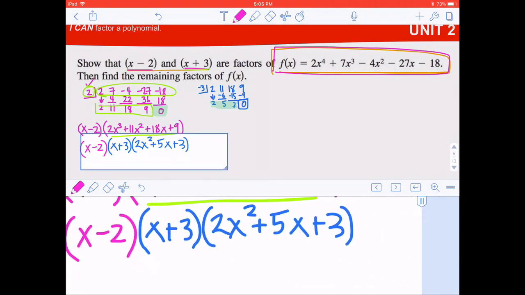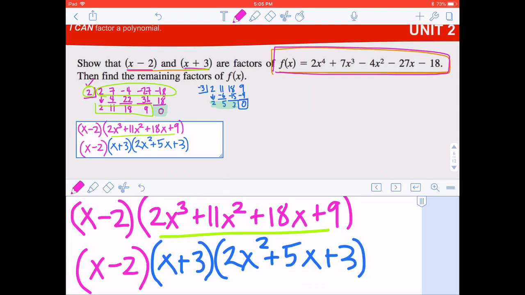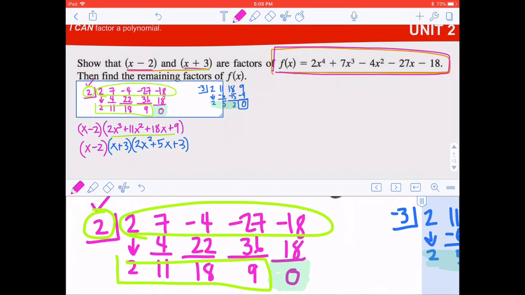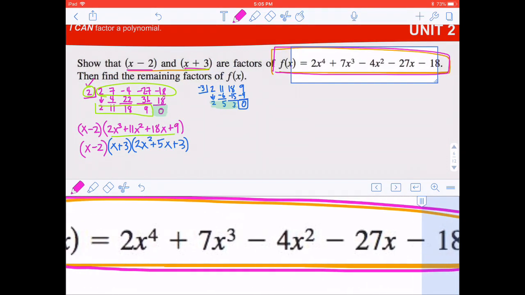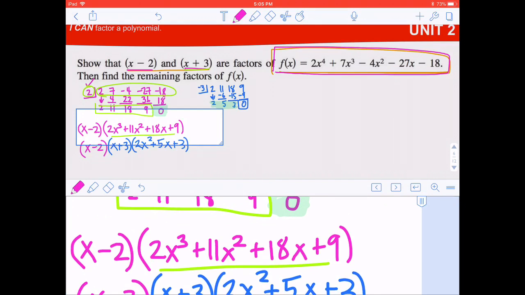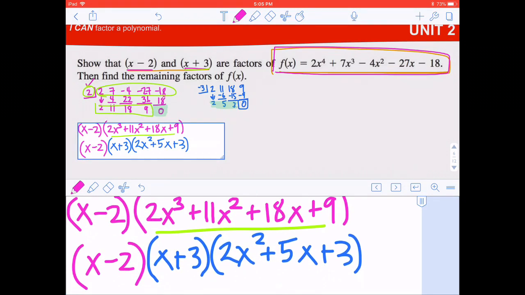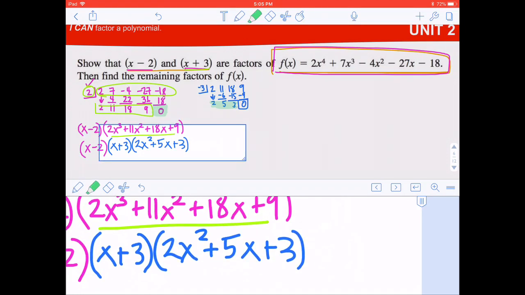So we're kind of slowly breaking down that big polynomial that we started out with, this one here, and we're breaking it down piece by piece with each of those factors. Now the remaining factors we can find right in here.